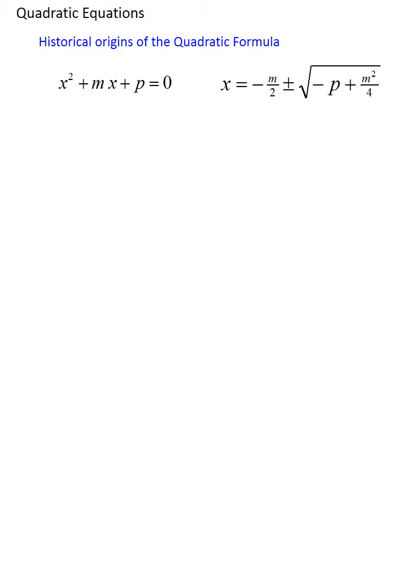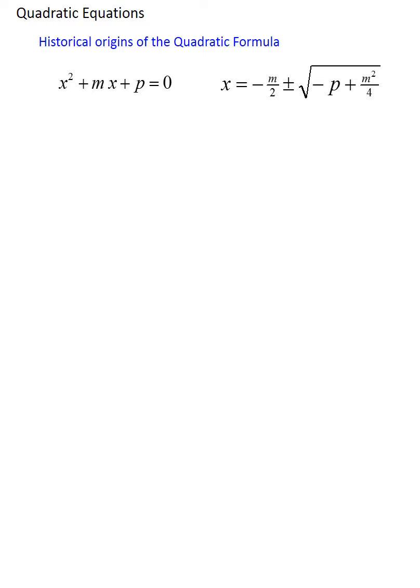And so this formula is a generic solution to the equation on the left, where m and p can be any numbers whatsoever. And so now what they had essentially done at this point is solved every equation of that type by creating a formula that would lead us directly to the solution without us having to go through the whole process.